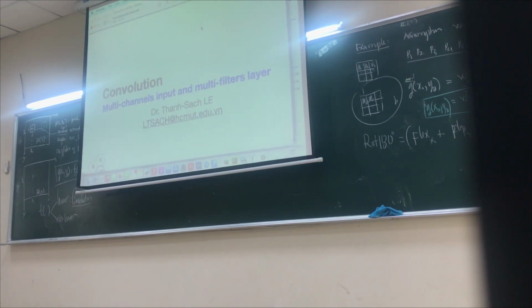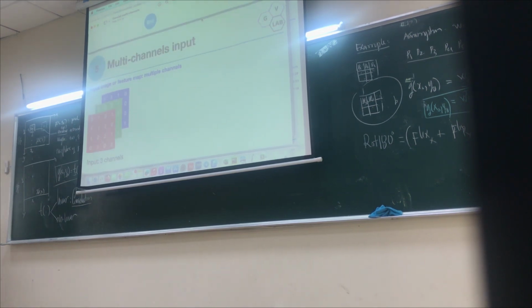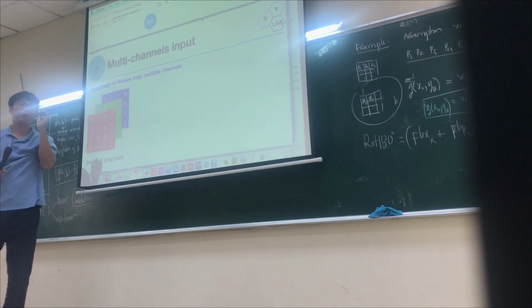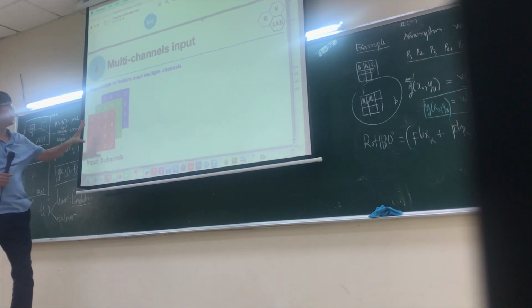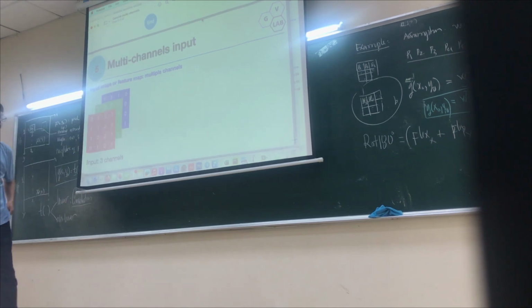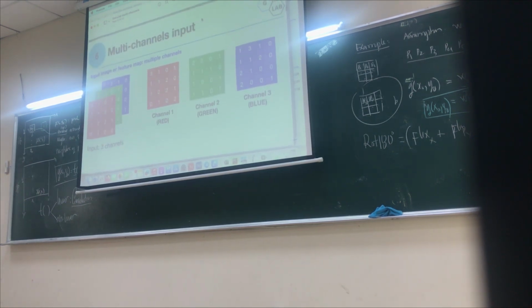Next, convolution for multi-channel. For example, by default the input is grayscale. But if the input image is RGB, then you can see that by default the kernel also has three channels.